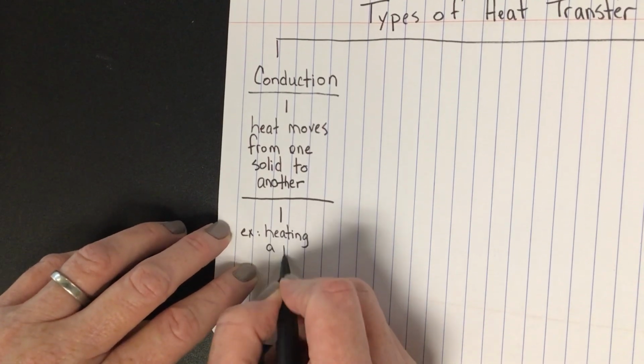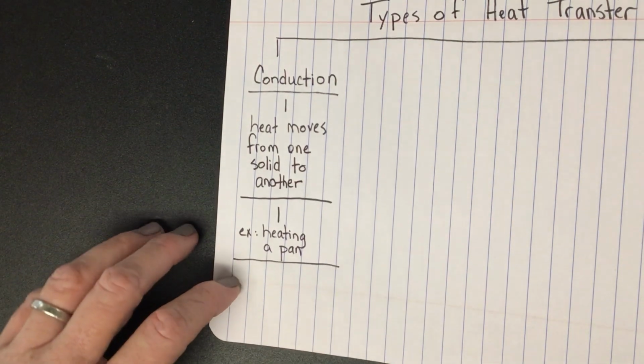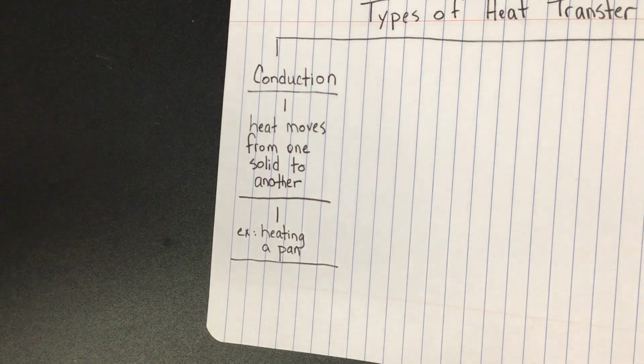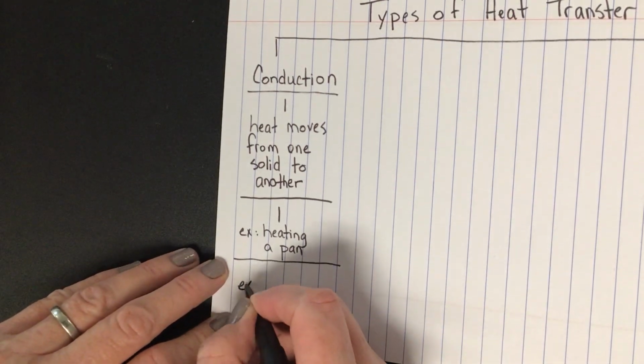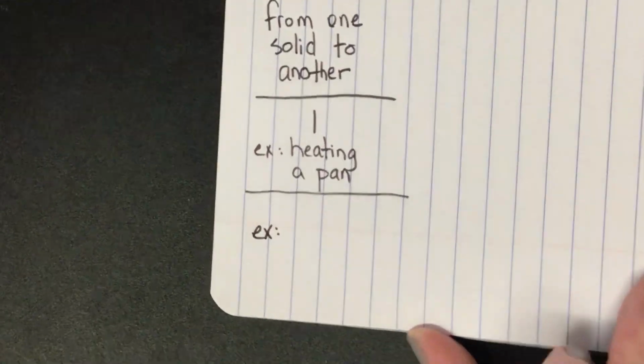Heating a pan. And then the other example, back when I was y'all's age, we called it an electric blanket. There are blankets that have wires through them, and you plug it into the wall. Do they still call them electric blankets? They're just called heated blankets. Okay. So the example they gave in the article was an electric blanket.